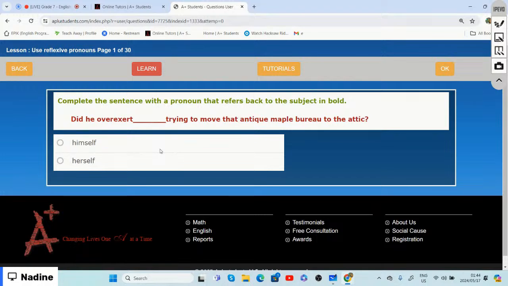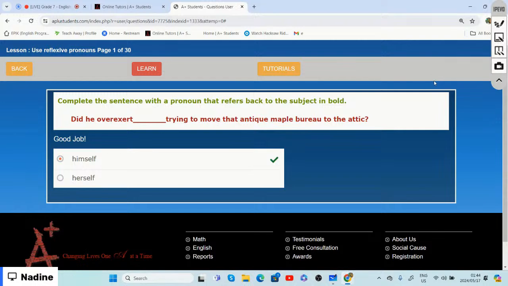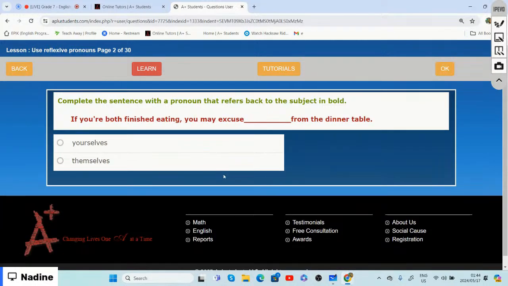All right, so we say, did he overexert himself trying to move that antique maple bureau to the attic?